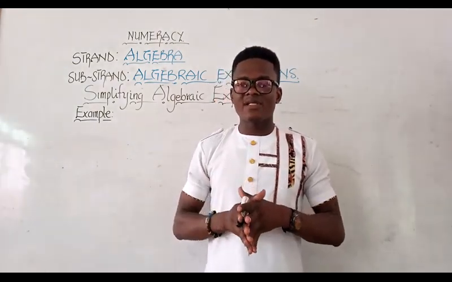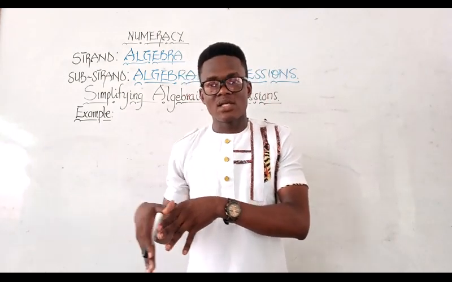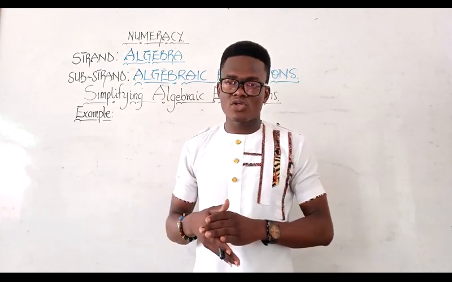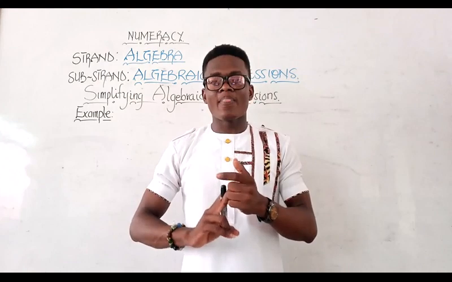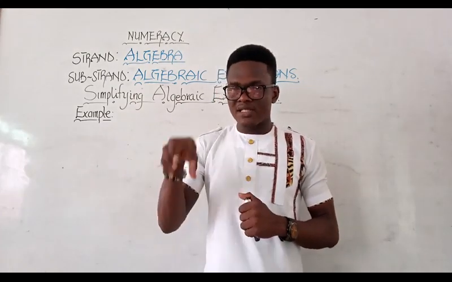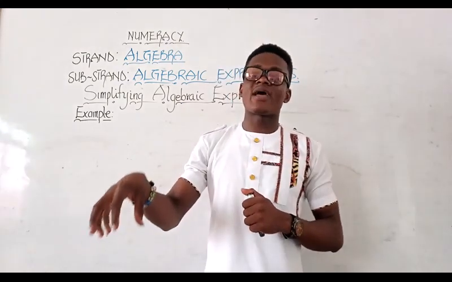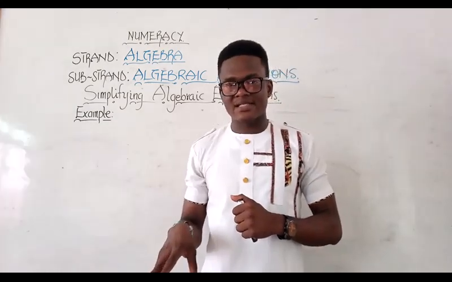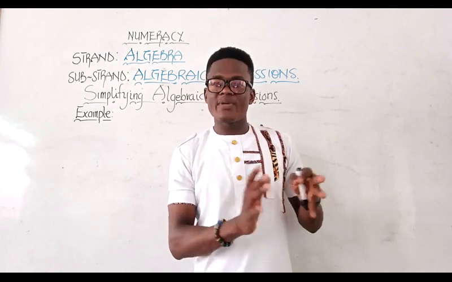Now let me just give this scenario. For instance, if you have quite a number of fruits in a basket, let's say you have 3 different kinds of fruits. We have mangoes, oranges, apples, and you are asked to give the quantity of each of the fruits. I believe strongly you first and foremost group them separately.